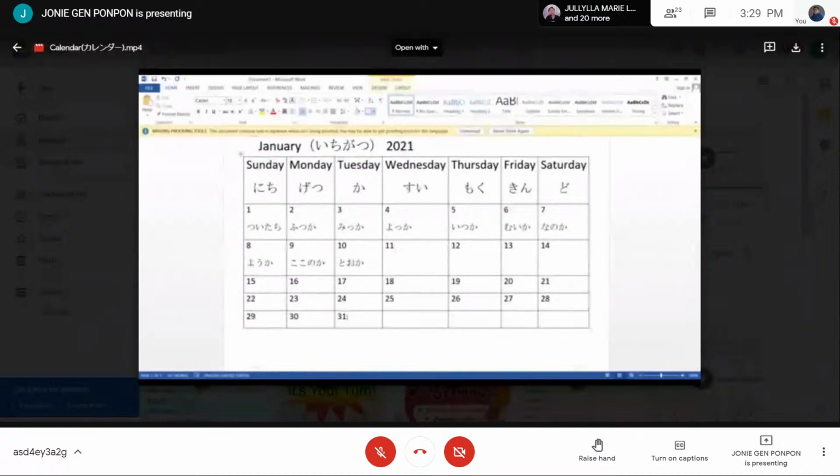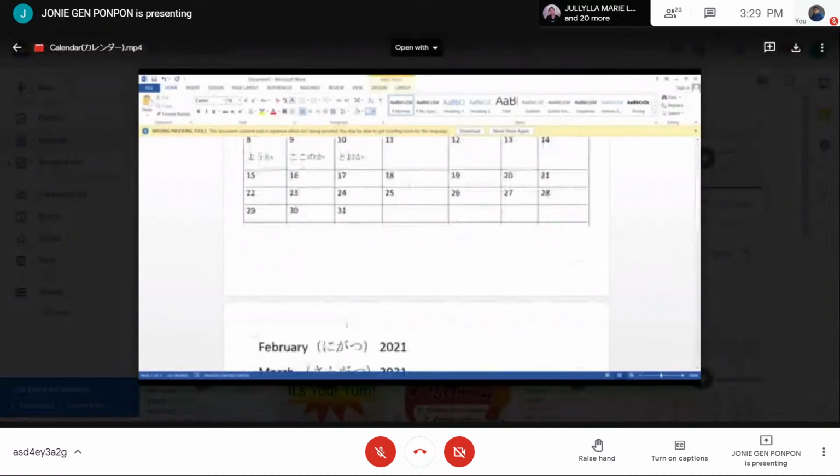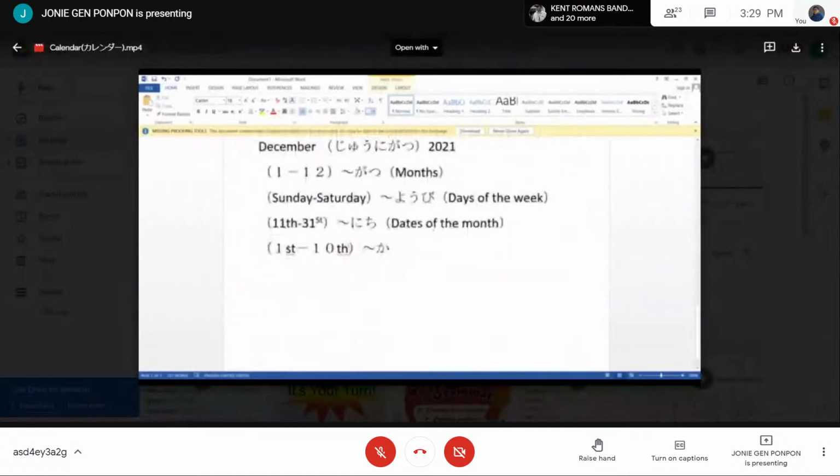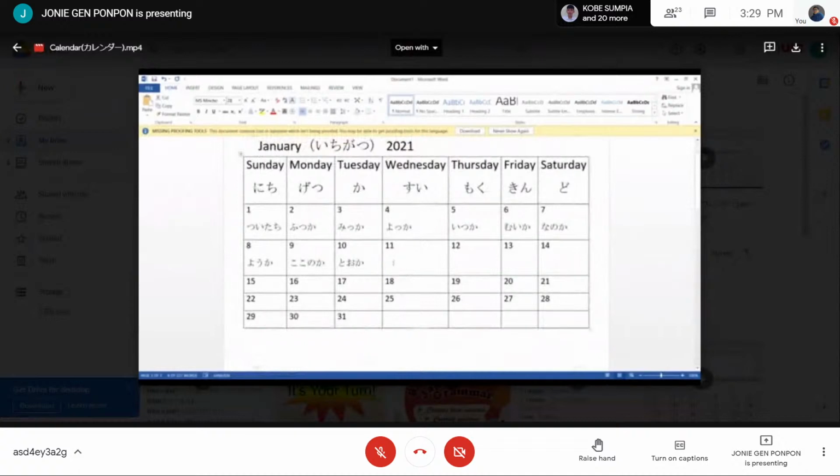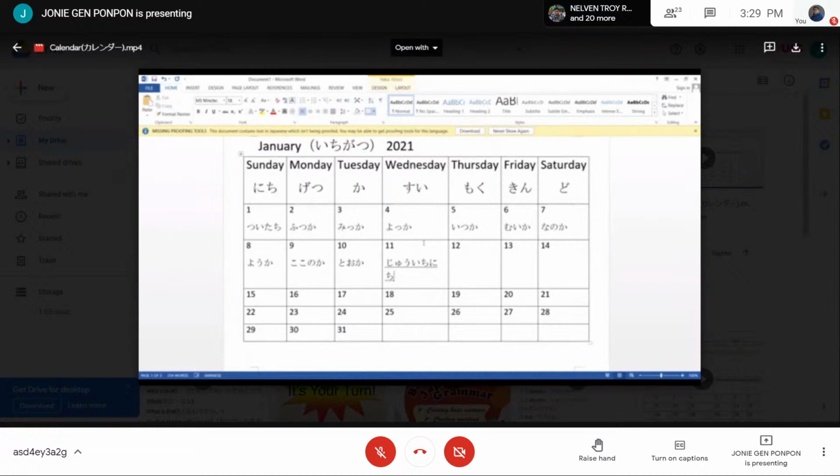For 11 to 31, the suffix is Nichi. So let's put the dates in Nihongo. 11 is Juuichi, so Juuichi plus Nichi is Juuichi Nichi.